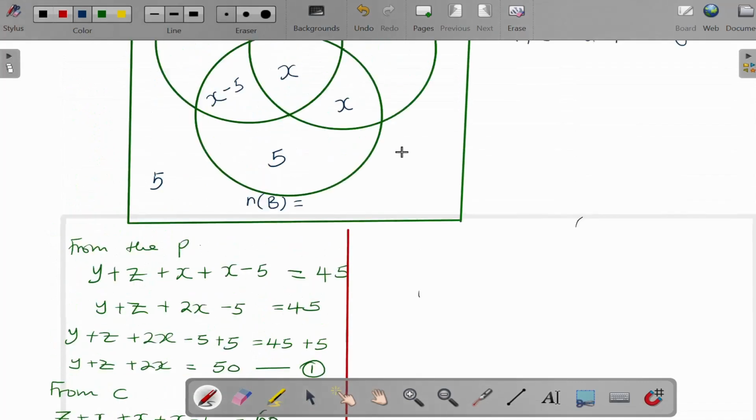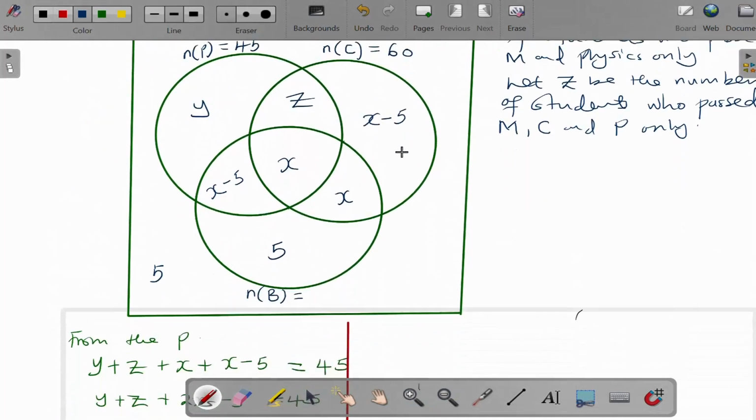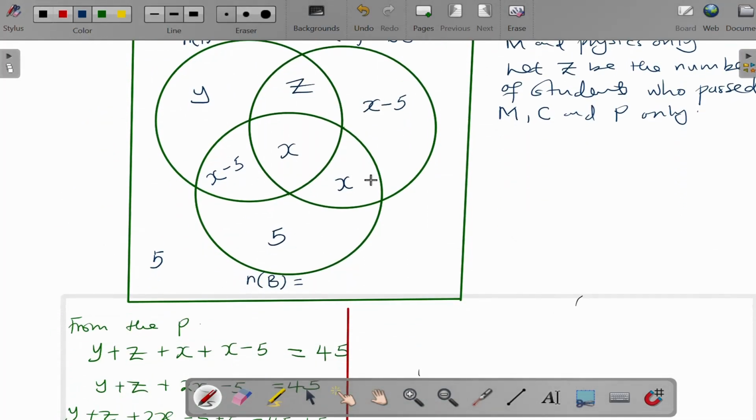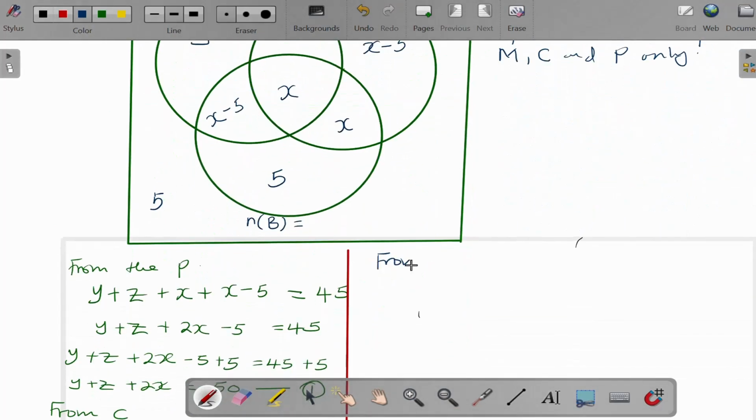Then we sum up the universal, which is now the set of mathematics, and equate to 80. We are going to sum up everything here, including this 5 outside, and we equate to 80. We are again from math or the universal set. We are saying we have our Y plus Z plus X minus 5 plus X minus 5, plus X plus another X plus this 5 plus another 5 which is outside.